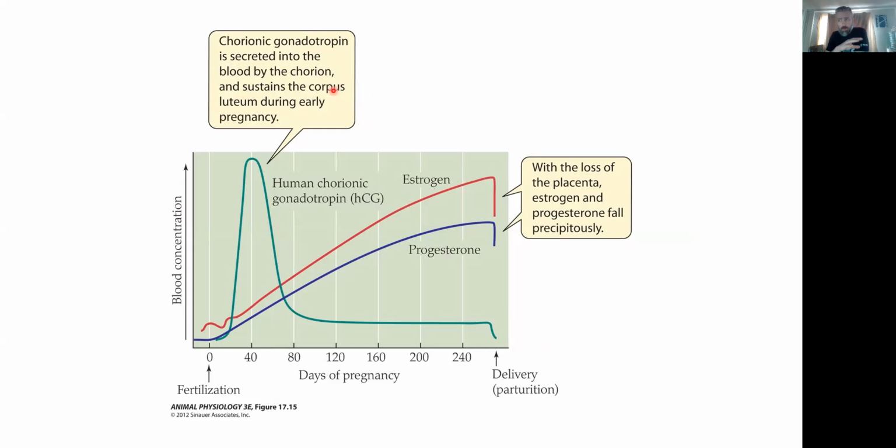Now, eventually we don't need it anymore. Eventually we're going to develop a placenta, and the placenta is going to take over production of these hormones. So as the placenta begins, we decline our levels of HCG, the corpus luteum goes away, progesterone continues to spike, but here it's driven by the placenta.